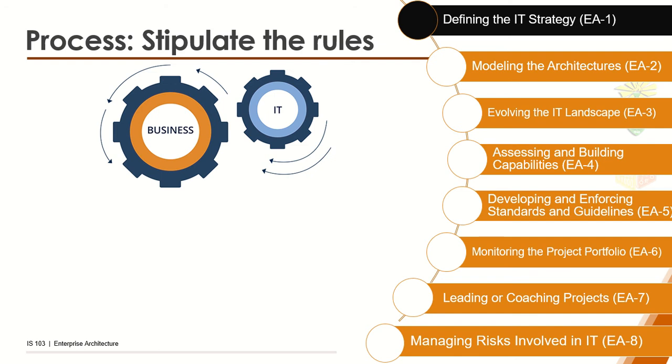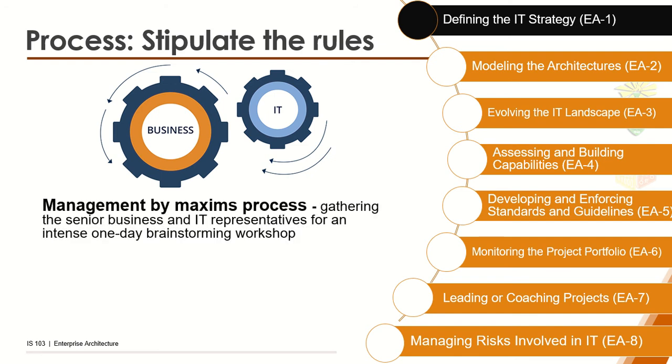The proven approach is to make use of the so-called management by maxims process. It boils down to gathering the senior business and IT representatives for an intense one-day brainstorming workshop. With this, the pain of business executives devoting some time to IT is kept at a minimum. Of course, it is only one day.